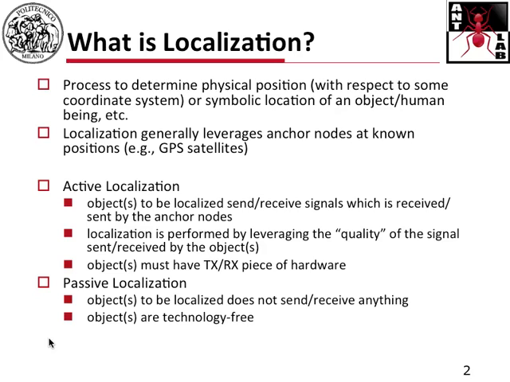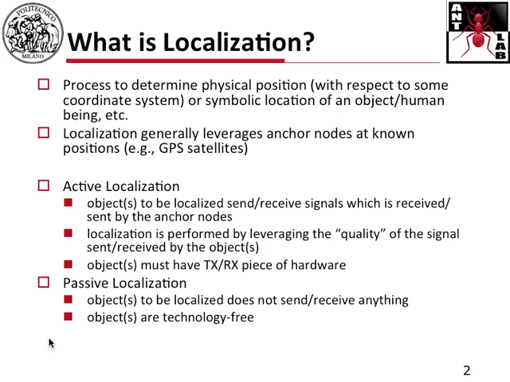If this interaction is in place, so if we are talking about an active localization system, the knowledge of the position of the client node is obtained by measuring at the anchor nodes the quality of the signal which is exchanged between the anchor nodes and the piece of hardware of the entity to be localized.